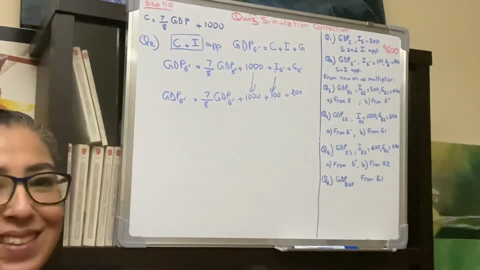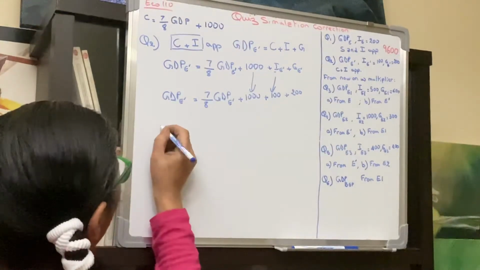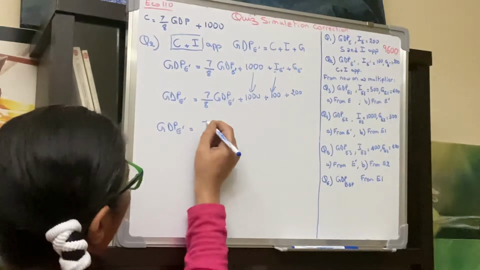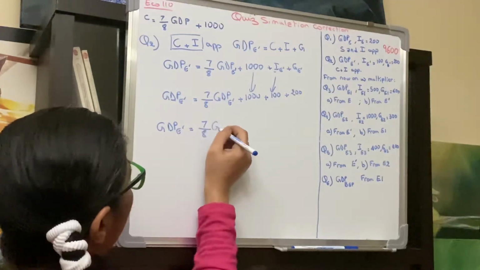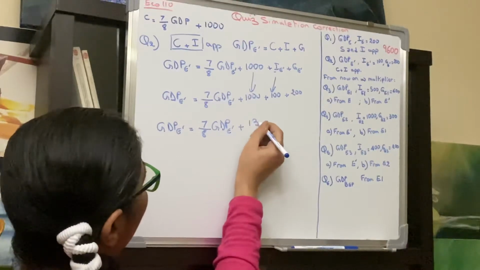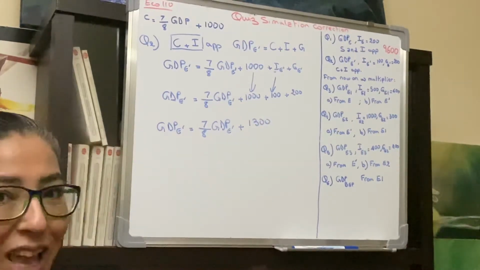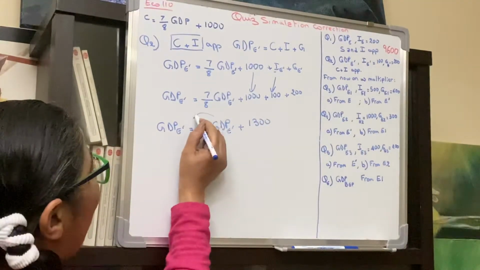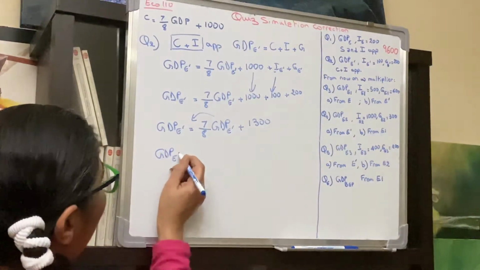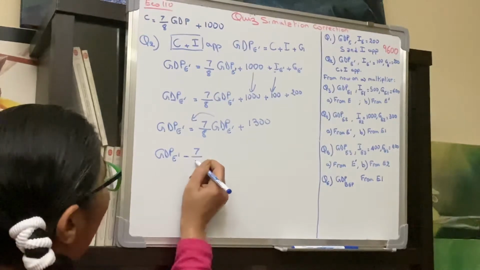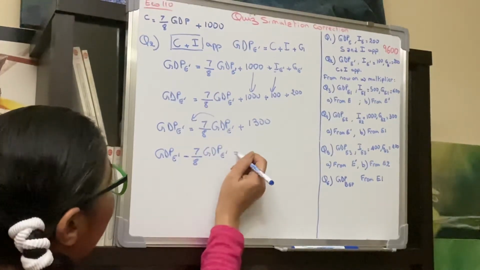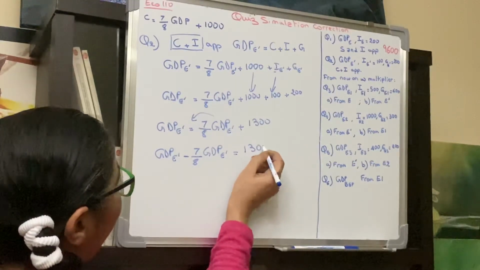Okay? So let's look at GDP at E prime. So GDP at E prime is equal to 7/8 GDP at E prime plus 1,300. Now I'm going to move this one over here. So GDP at E prime minus 7/8 GDP at E prime should be equal to 1,300.